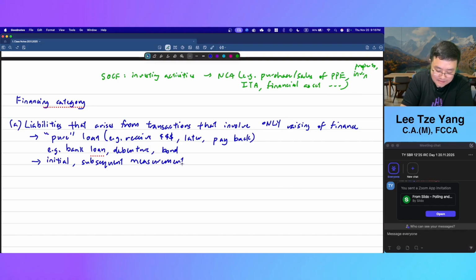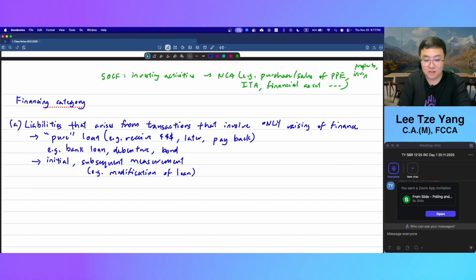Now, talking about subsequent measurement, I have to mention a topic to you, a modification of a loan. This one is covered in my previous revision video, and full course students have this as well. For modification of the loan, you learn about if the modification is substantial. If the modification is substantial, then the cost is expensed off to the SOPL. That one is under financing category. You can read up more on your own, but I'll just make it clear it's under financing category.